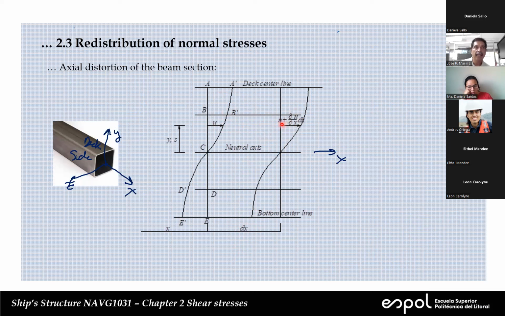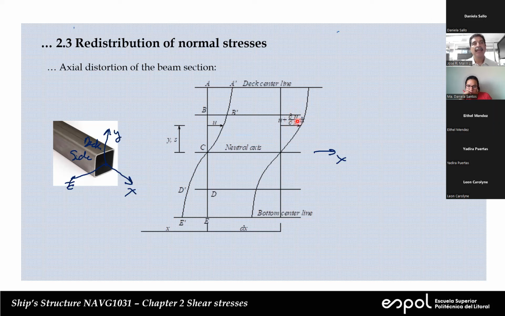But the strain, we can multiply by E. If we multiply du dx by E, what do we get? The du dx is the normal strain and the u is the axial displacement.